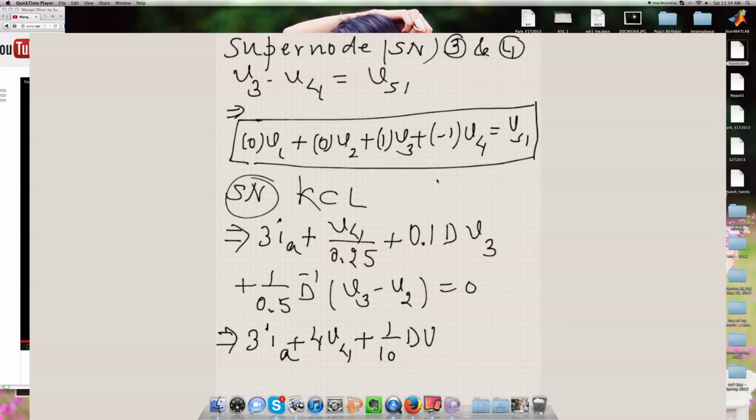D V3, and plus (2D minus 1) V sub 3 and minus (2D minus 1) V sub 2 equals 0. If we wished, we could also express I sub A in the 3IA in terms of the voltage V2. Or, for now, we may leave it just the way it is. I'm talking about we could if we wanted.